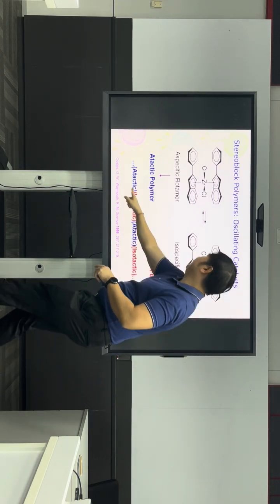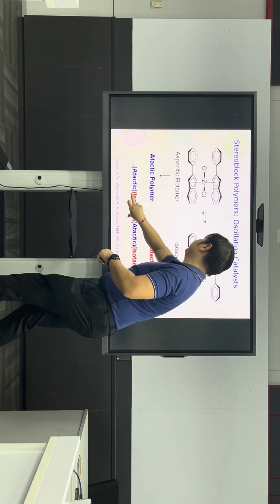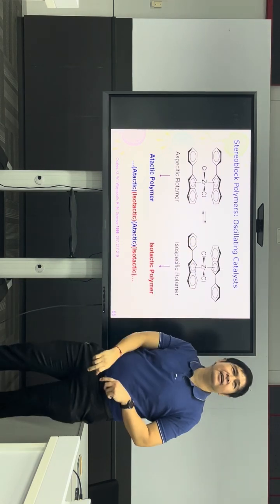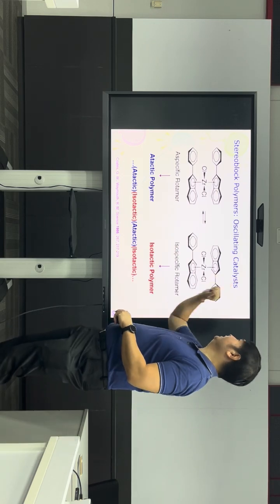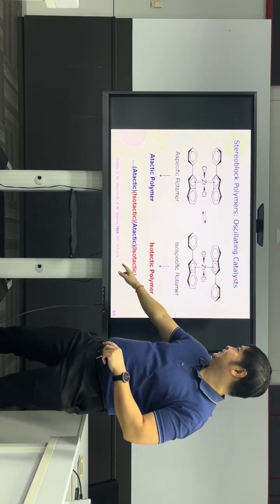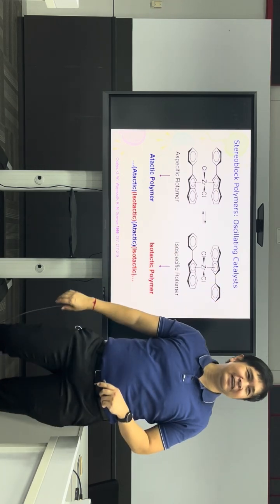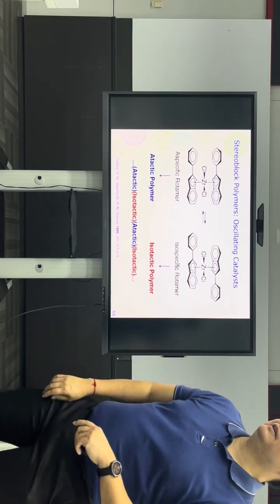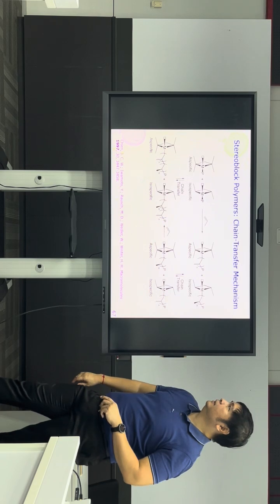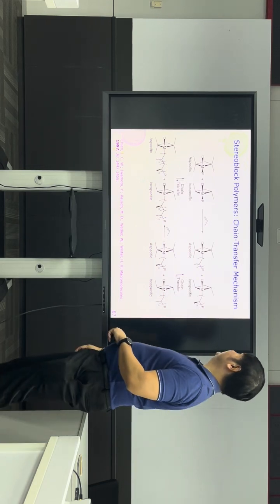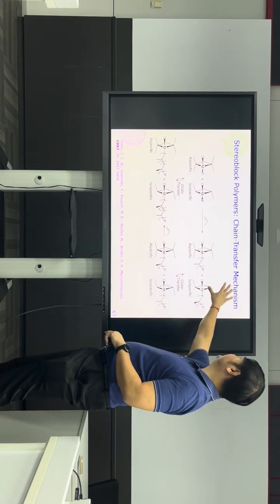So you end up with a block of atactic, isotactic, atactic, isotactic. This was the first idea that used an oscillating catalyst, that's why it was published in Science. A big news at the time for Coates. He's at Cornell University now. What else? Another technique that people use is called chain transfer.